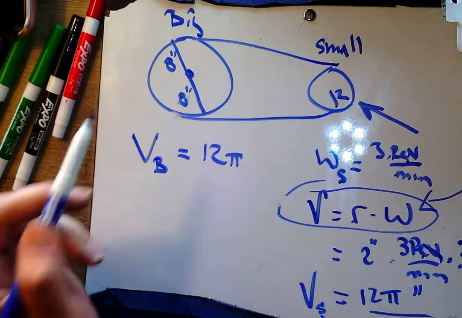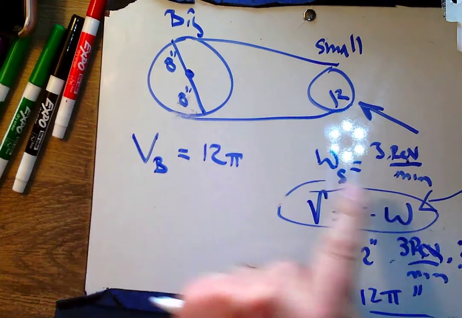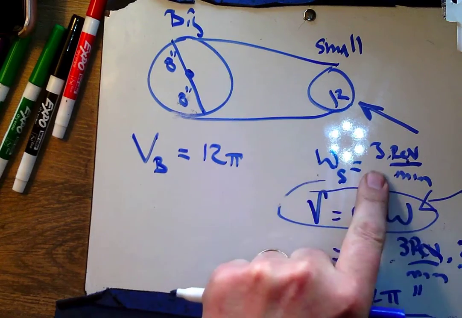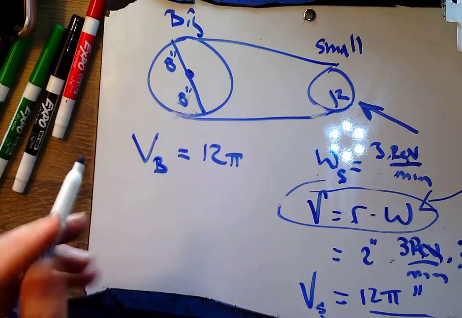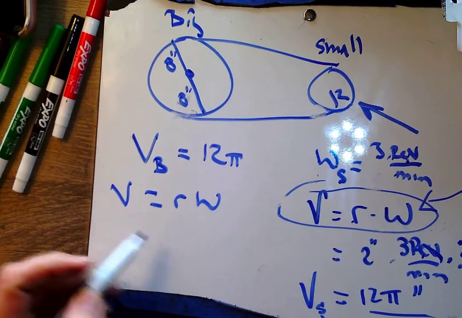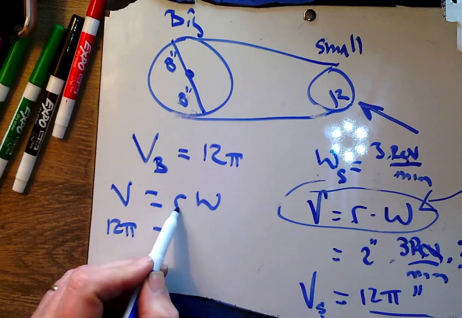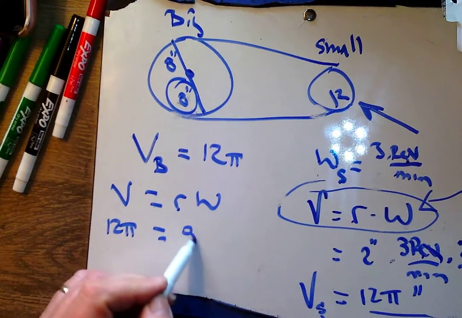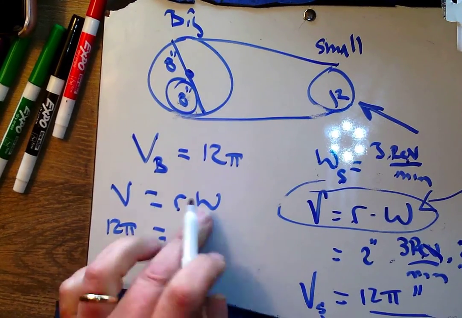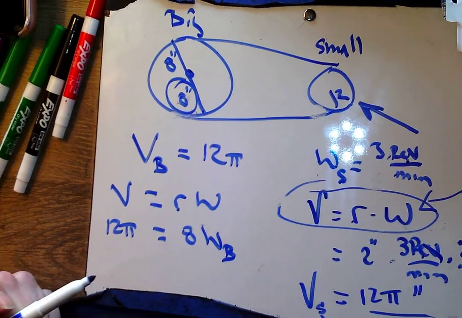Good, but the amount of angle this turns through is different than the amount of angle this one turns through. So we use that bridge formula again. V equals R omega. We plug our 12 pi in over here. Our radius is 8. And we're trying to find what the angular velocity is.